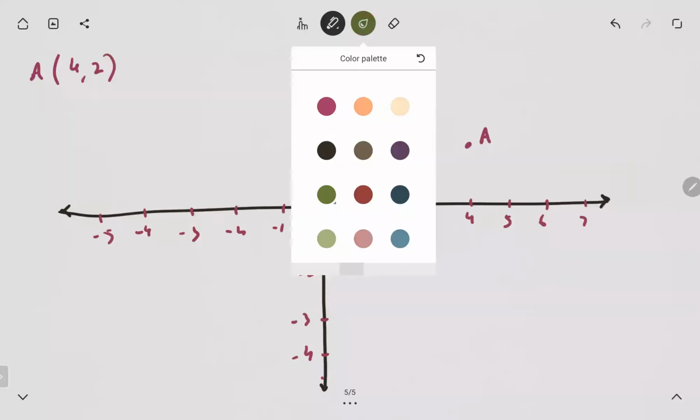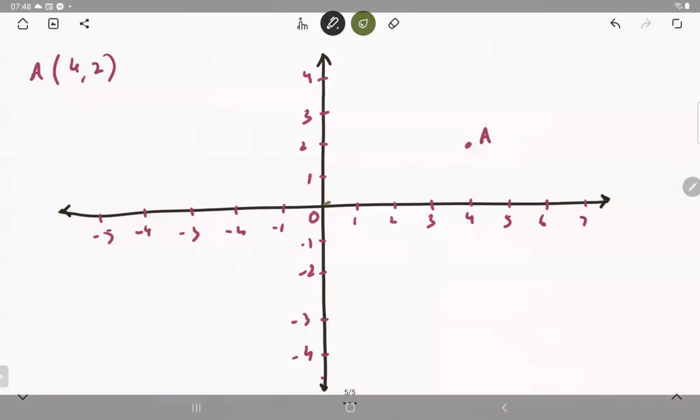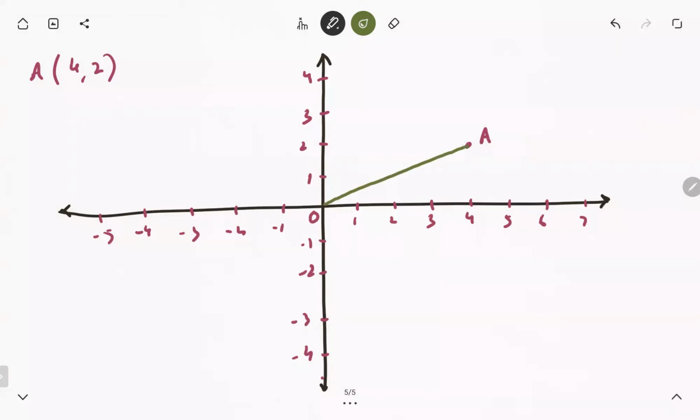If I join O with A, here is a vector OA. Is this a position vector? Yes, it is a position vector, because it is starting from O and ending at a certain point, कहीं पे भी stop कर सकता है, but it is starting from O, so it means that's a position vector. So this is the position vector of A. If I write the column vector for the position vector of A, meaning OA, how will you write the column vector? We need to start from origin.